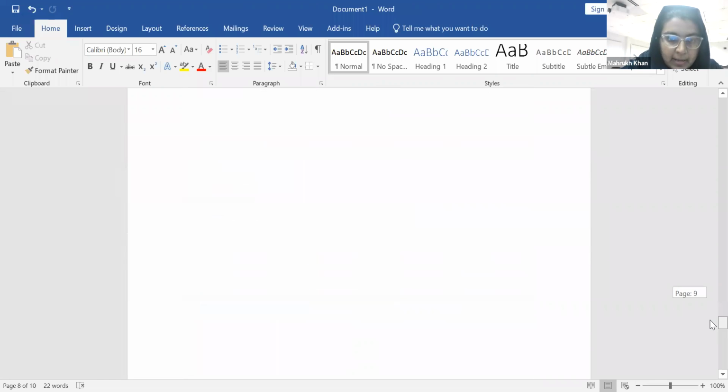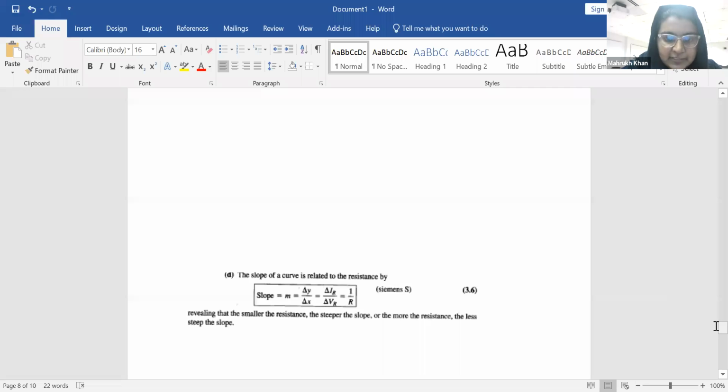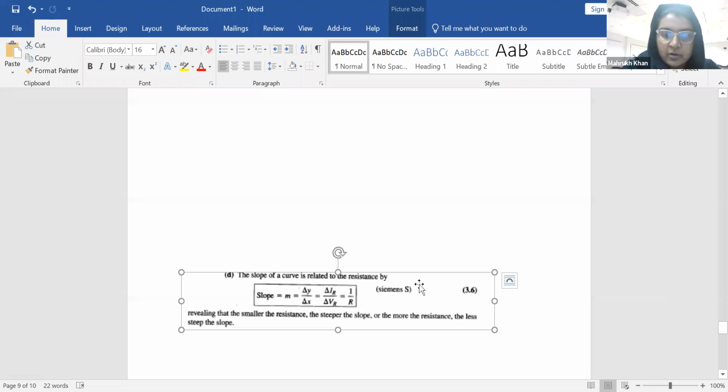Okay, and this was the lab number 2 question, which I asked, and some of you did not understand what I was asking. I was asking that if you increase your resistance or decrease your resistance, what will be the effect on the slope?